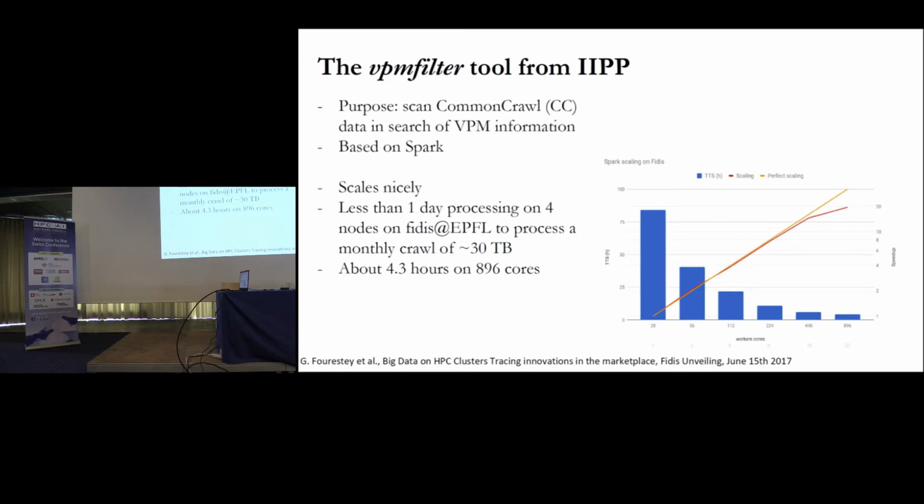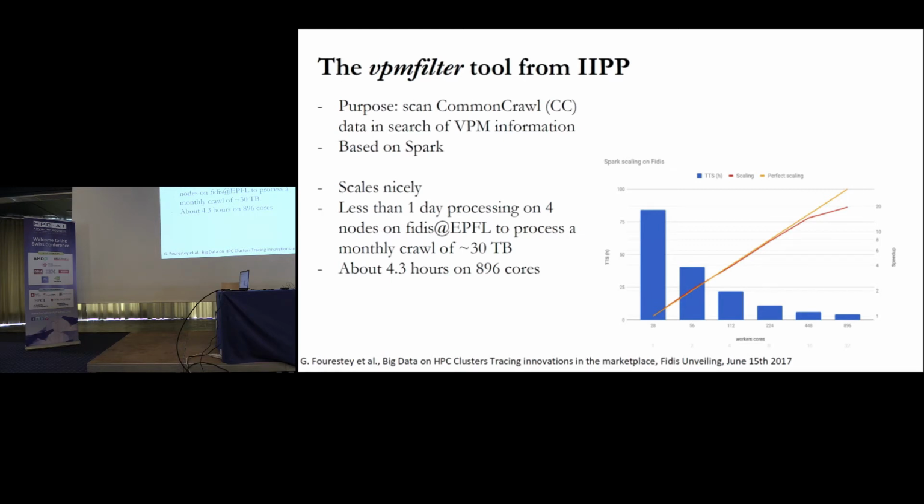The Chair of Innovation at EPFL has been developing a tool called VPM filter, and the goal of this is to scan datasets from CommonCrawl in search of virtual patent marking information. This is based on Spark.